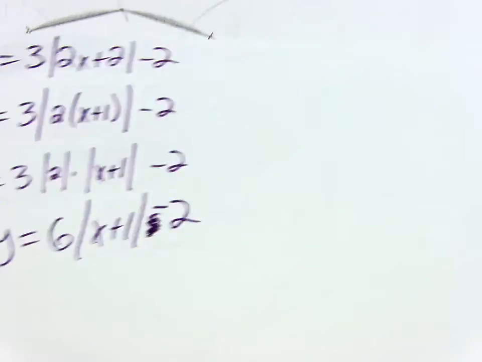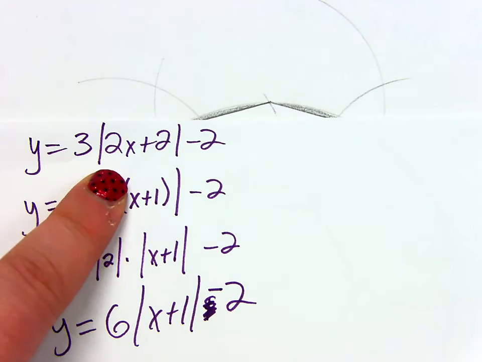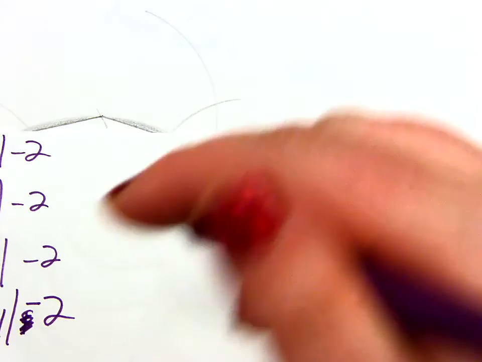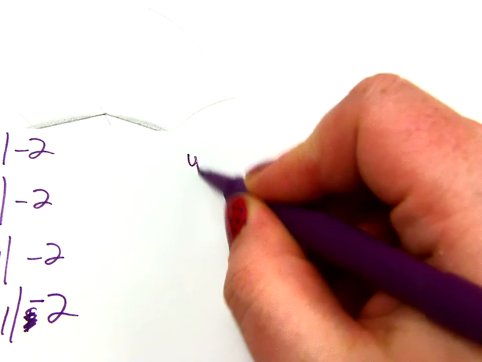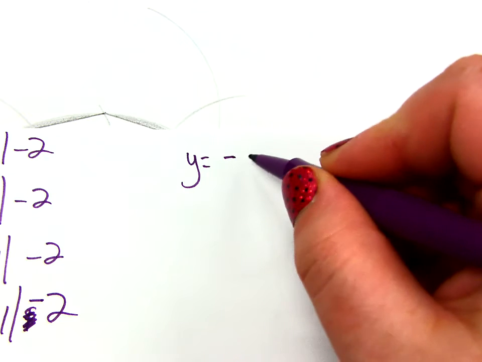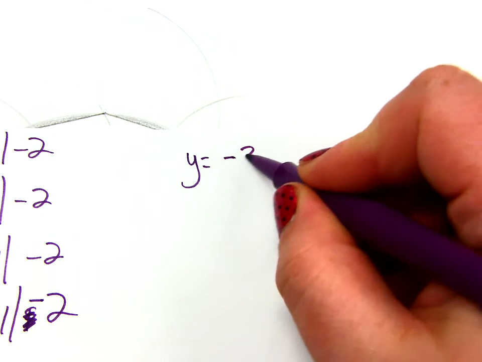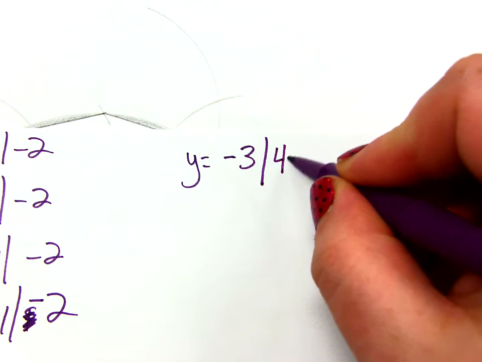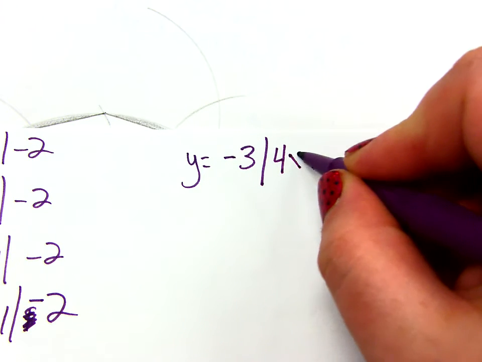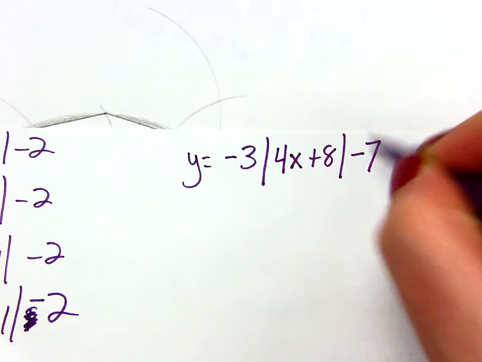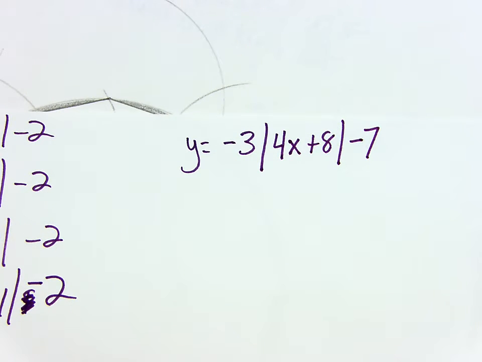We don't have one like this on the paper, but let's just see if we can rewrite an equation that looks like this into one that we could graph. Let's just try this one. I'm going to make it up for you. Y equals negative 3 absolute value 4x plus 8 minus 7.